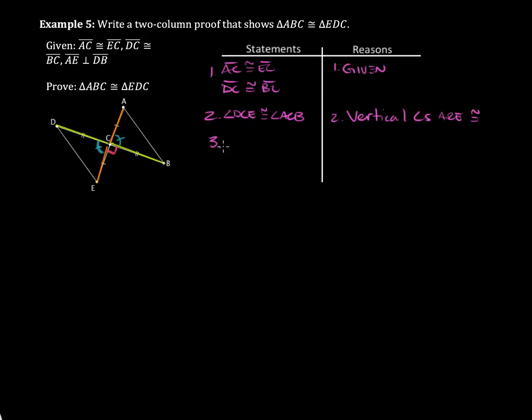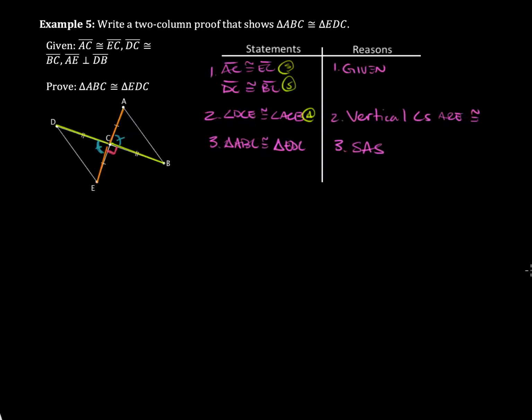And then that gave us enough information to say that triangle ABC is congruent to triangle EDC. Why? Well, we had a pair of sides here, another pair of sides, and a pair of angles. And we determined that these angles were the included angles between these sides. So that means our triangles are congruent by side angle side.